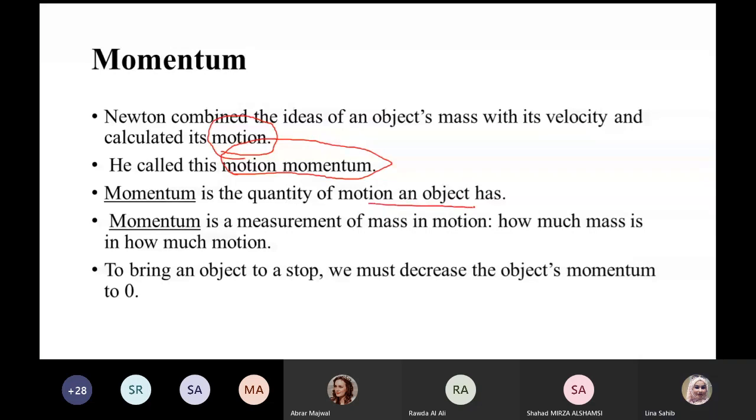And momentum is related to mass. So when you have two masses, large and small, you can compare. More mass, more momentum. Less mass, less momentum. At the end, if the object is stopped, that means it has zero momentum. This is the summary for today. Okay?